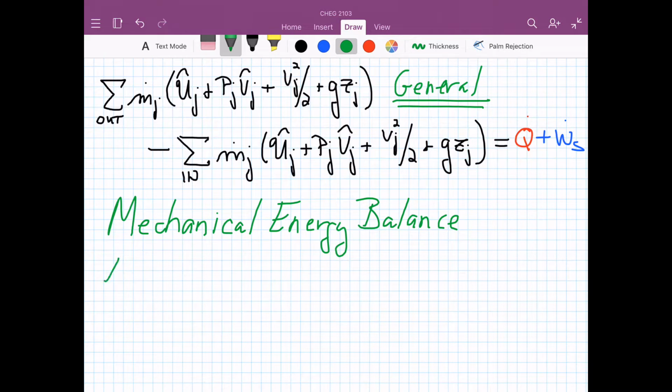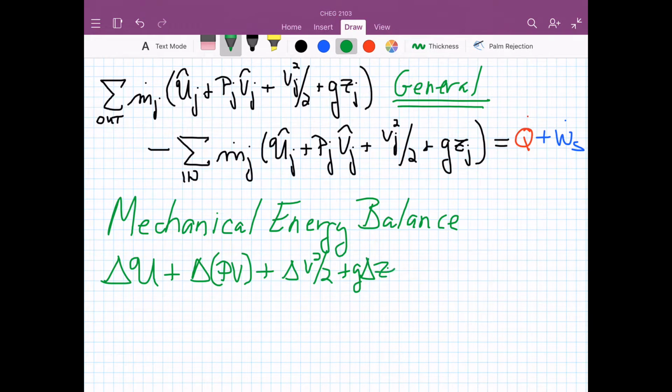So if I have delta U plus delta PV plus delta V squared over 2 plus g delta Z equal to Q dot plus W, I want to focus a minute on the delta PV term. If I expand this, this is going to be V delta P plus P delta V.